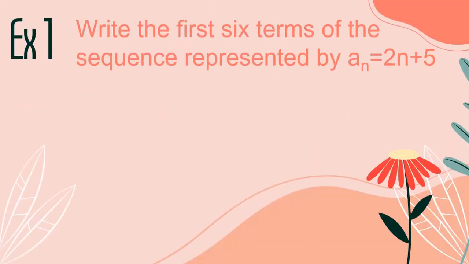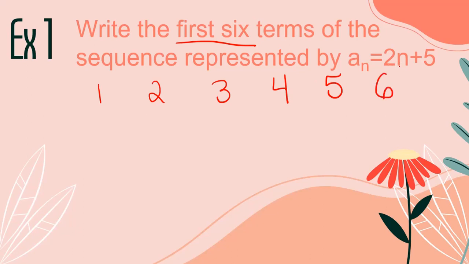Now, first thing that we want to figure out is how do you find terms of a sequence? So I'm given a rule of a sub n equals 2n plus 5, and they want me to find the first 6 terms. Yes, guys, this is as easy as you think it is. So I'm plugging a 1, 2, 3, 4, 5, and 6 into this formula, and I'm going to get some numbers.